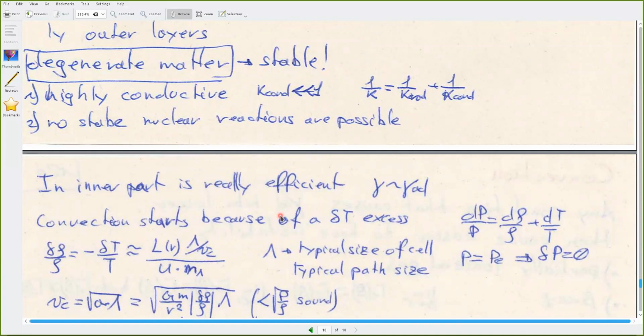If you study it, you see the convection in the inner part is really efficient. That means the gradient is definitely similar, equal to the adiabatic value.